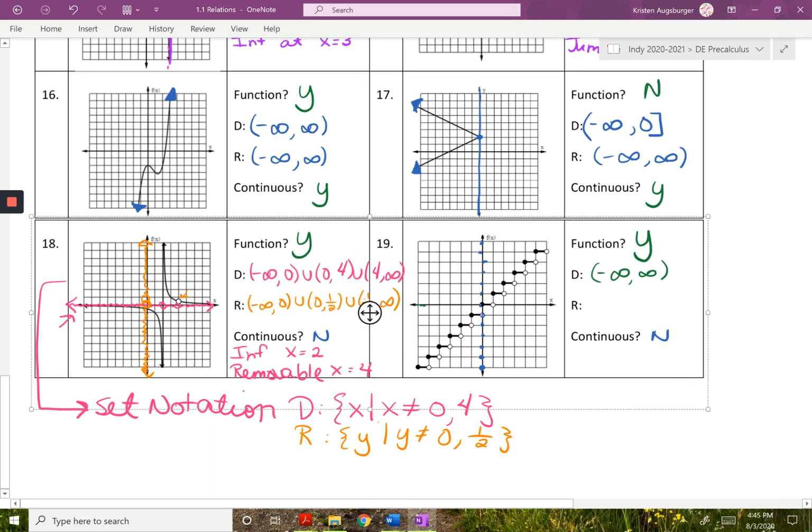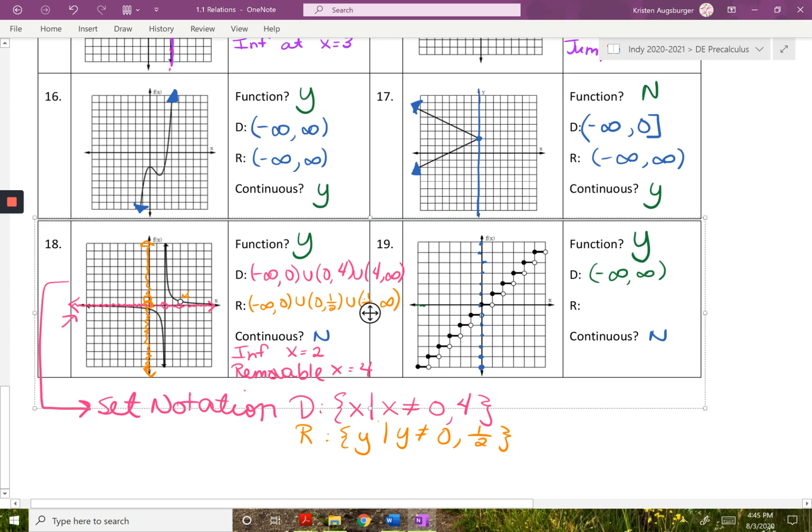So for that, this is one that I wouldn't actually write in interval notation.